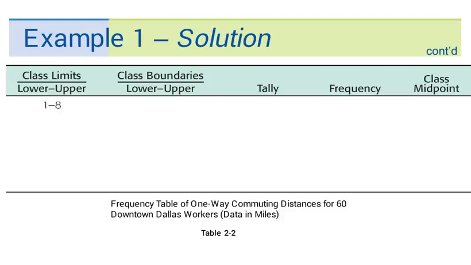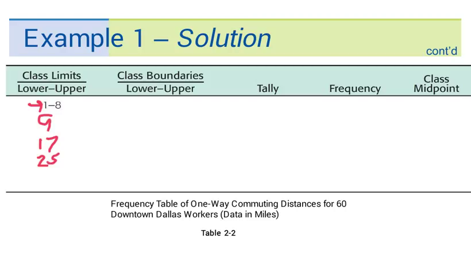For the lower class limit for the first class, we said that would be equal to 1. Our class width is 8, so we add 8 to 1, and the lower class limit for the next class is going to be 9. We add 8 to 9 to get the lower class limit for the following class, which will be 17. We add 8 to 17 to get the lower class limit for the next class, which will take us to 25.